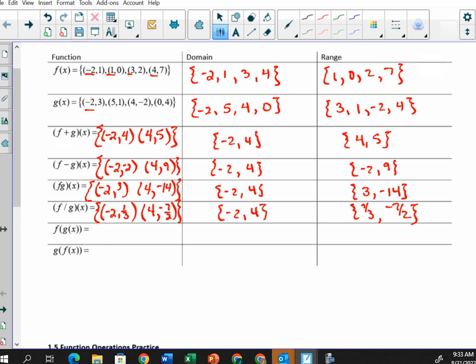Yes. 0 gives me 4. So that is the point 1, 4. Are you guys with me? You see it? Okay. 3 gives me 2. No. 4 gives me 7. Nada. That's it.